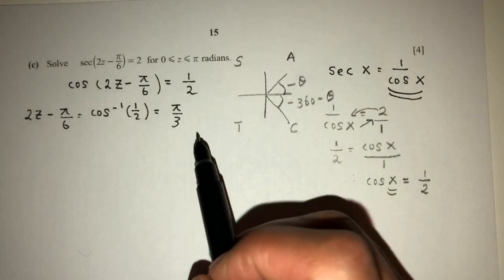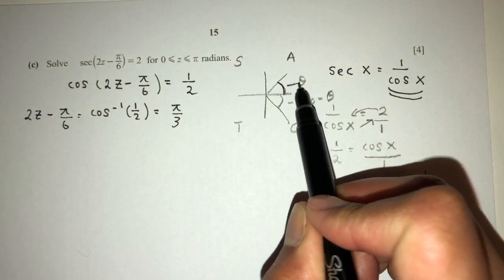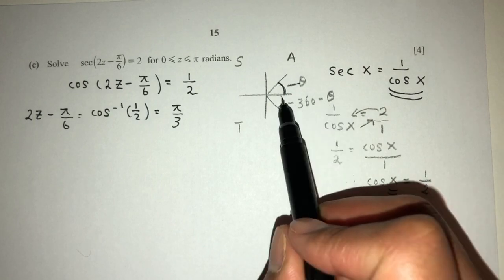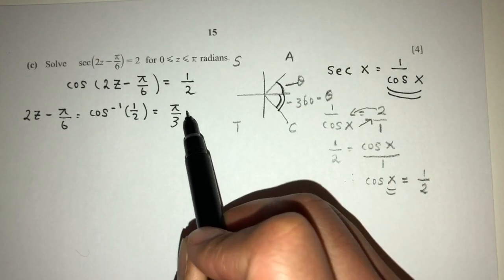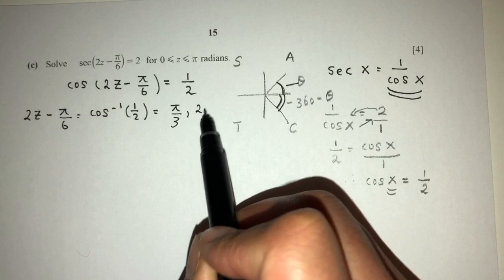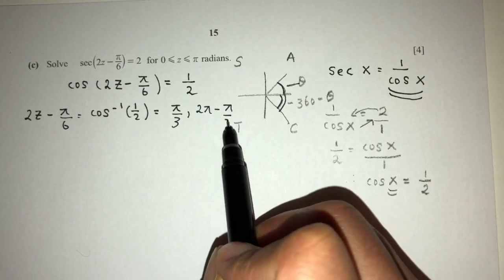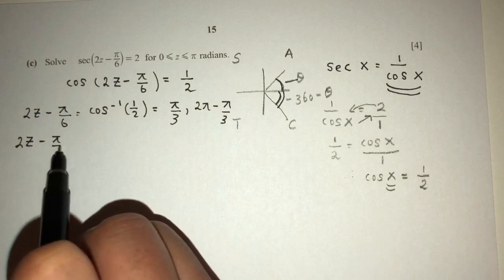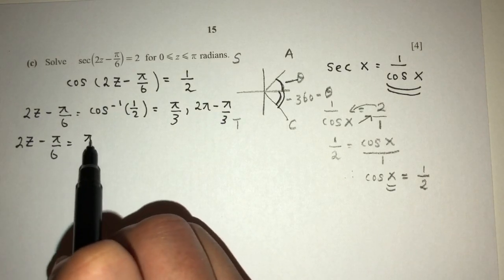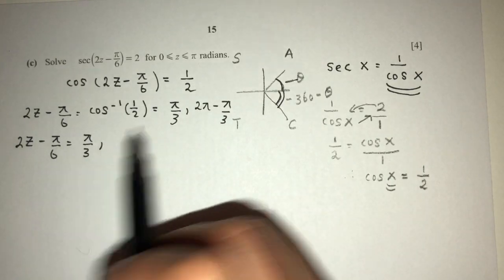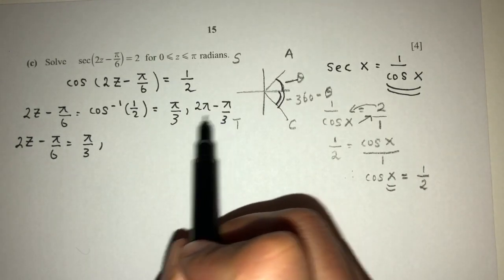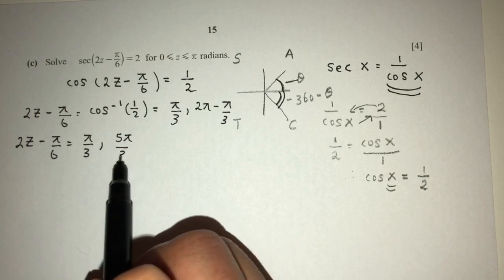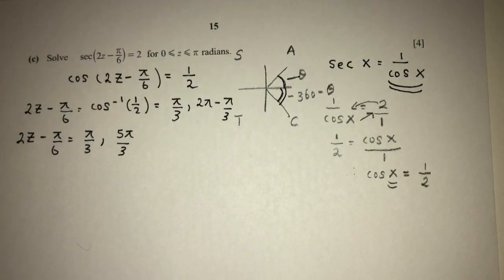Now, given that it is in the first quadrant, it will be the angle directly, which is pi by 3, but also in this fourth quadrant, it will have to be 360, which is 2 pi minus pi by 3. So let's simplify, that will be over 3, 6 minus 1 will be 5, so 5 pi over 3. Okay, so right now we have these two values.